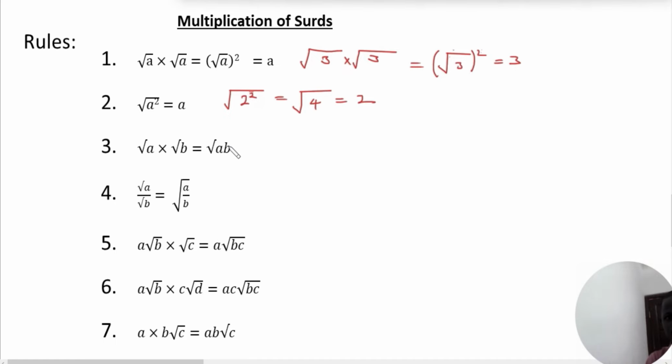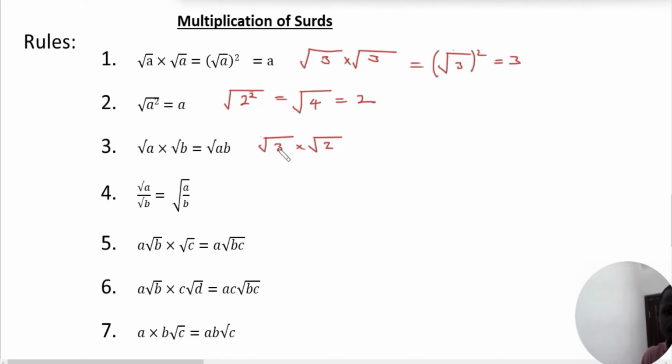Again, if we have two roots like this and they are different, let's say we have root a times root b, this is equal to root of a times b, you multiply the two since they are different. Let's say we have root 3 multiplied by root 2. Since they are different, we're going to multiply.